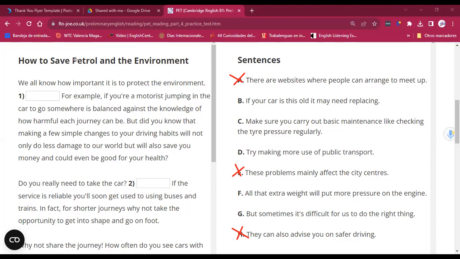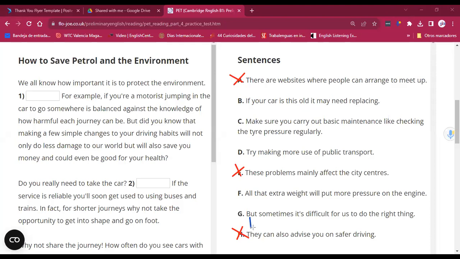So, which one do you think it is? And the others, check it. Letter G says Ariana.